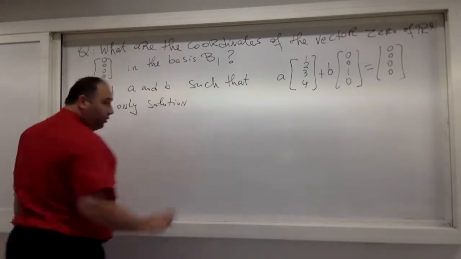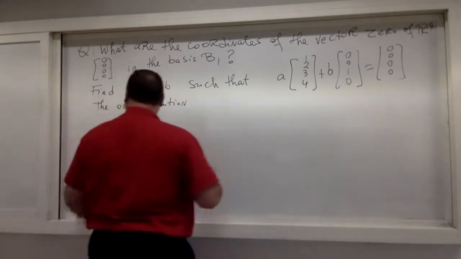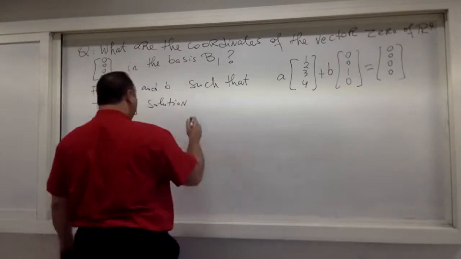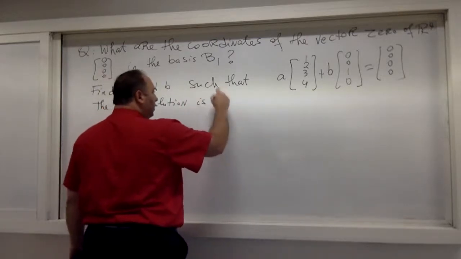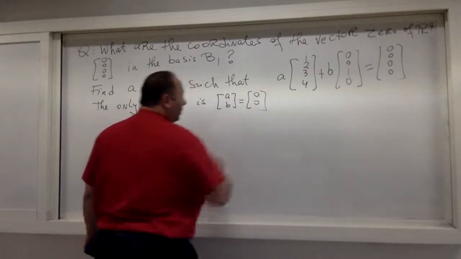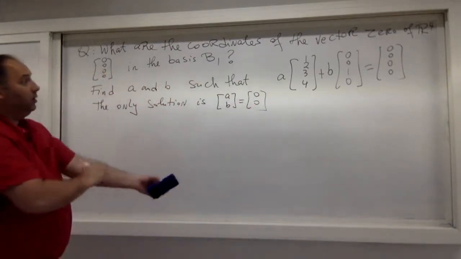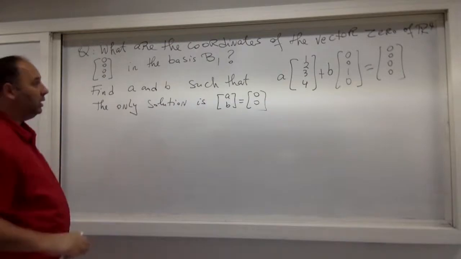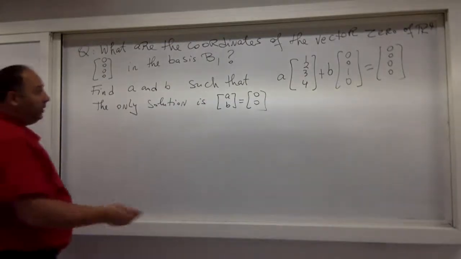Well, if you don't know your theory, you just solve, and then you'll be pleasantly surprised. So the coordinates of vector 0 from R4 in basis B1 are 0, 0.